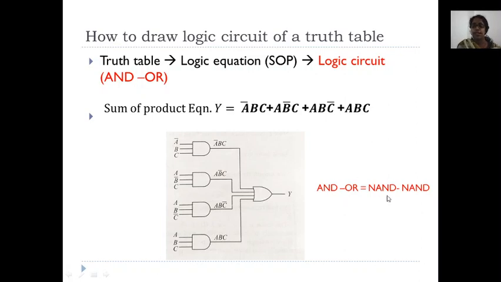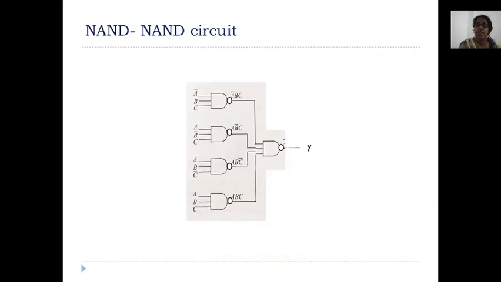And another thing is, every AND OR circuit is equivalent to a NAND circuit. That means you can convert the same circuit to NAND. That is, convert all the AND gates and the OR gate to NAND gates. Instead of AND gates, we draw NAND.